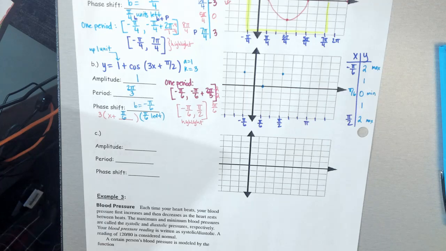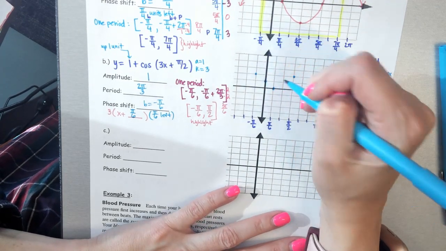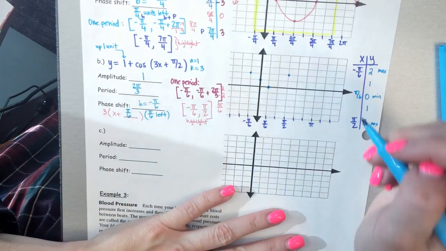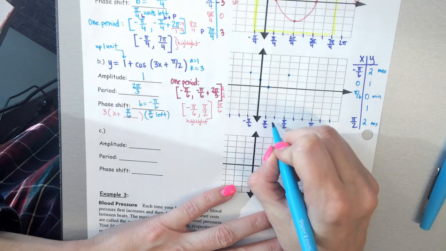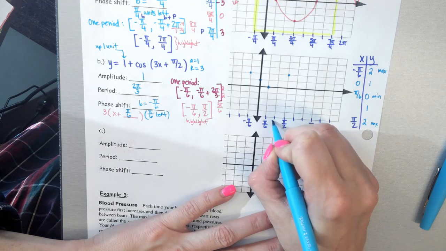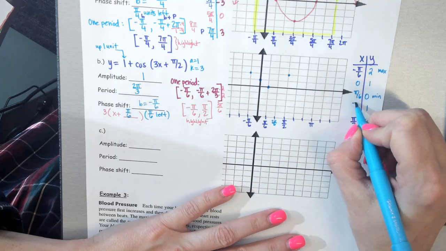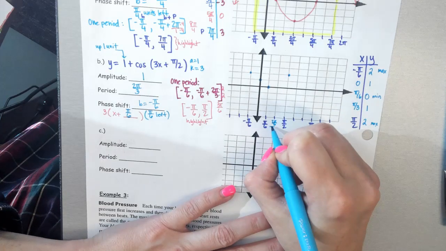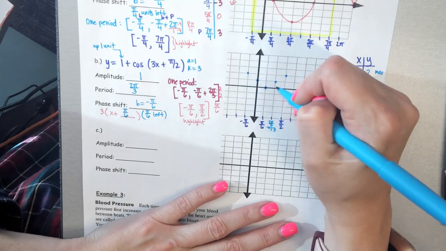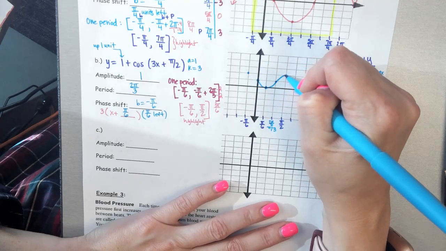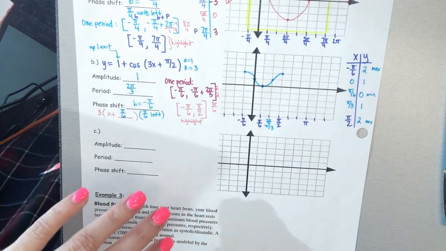All right, and then we're going to find halfway in between those. So halfway in between here, I'm at 0. Halfway in between these two, if this is 1 pi over 6, this is 2 pi over 6, which reduces to pi over 3. Yay. Okay, and then remember this is going to be what we're highlighting. And then we're just going to span that grid.